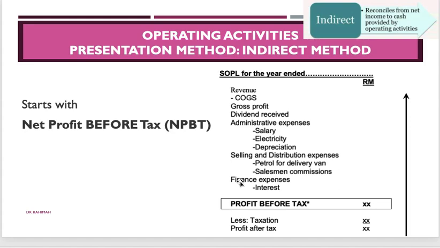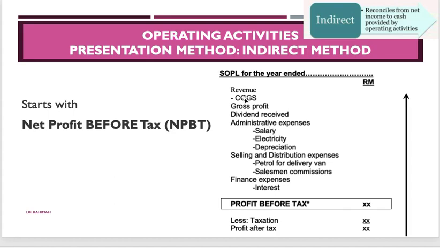So the one that you're doing now under the indirect method is the operating activities. So when you do the indirect method, you start with the net profit. Net profit does not classify that activity into operating, investing, and financing. It does not classify like that. It classifies according to admin, selling, and finance, which is different.